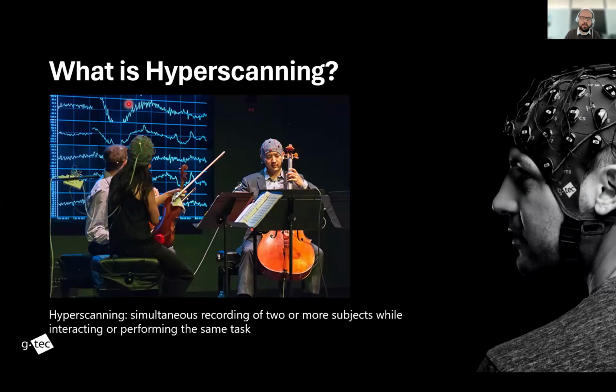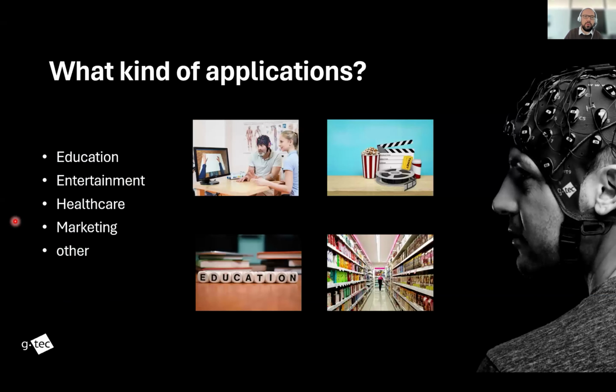The lab was acquiring EEG and also trying to transform this kind of brain activity modulation into music that is playing according to their actions. So hyperscanning itself is a simultaneous recording of two or more subjects, which can be interacting or performing the same task. It will always depend on the kind of applications that you will be facing.